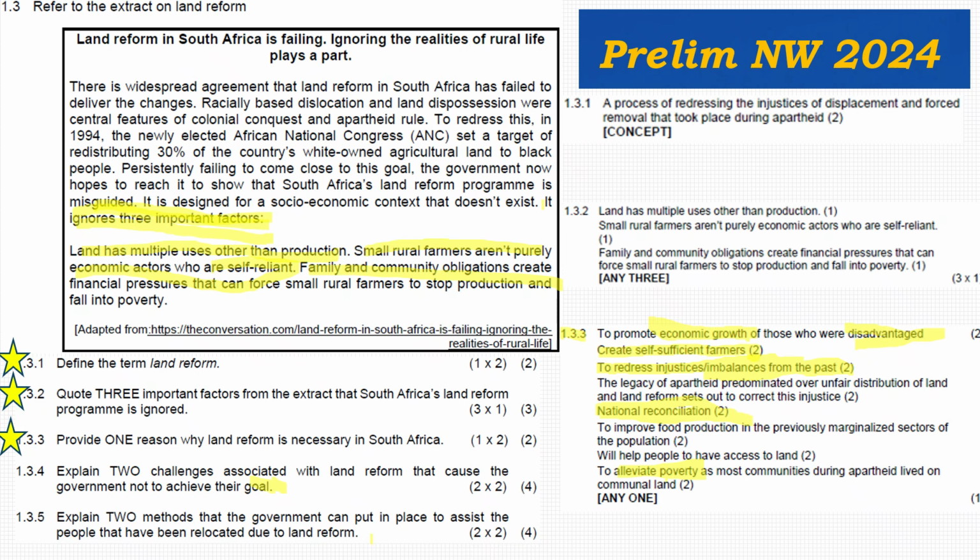They can monitor and evaluate progress. They can also have training and development in modern farming methods. The new farmers can be mentored. There are a lot of things they can do to assist the new farmers.